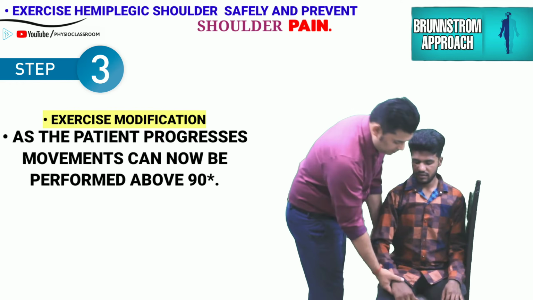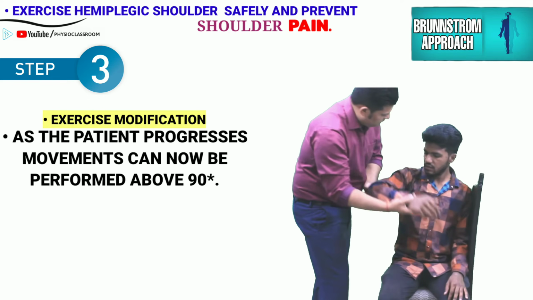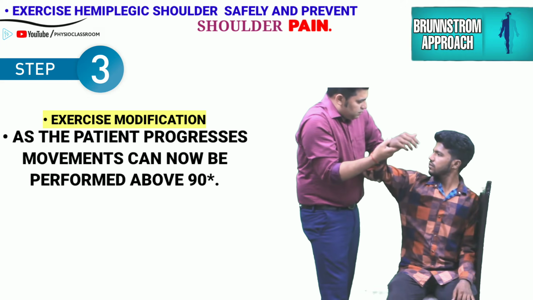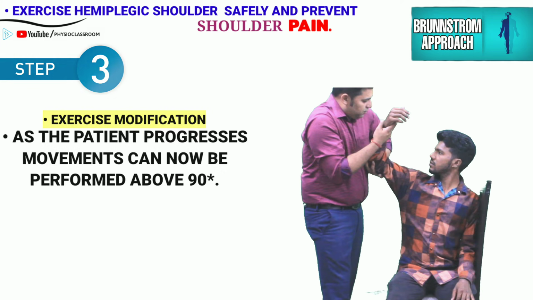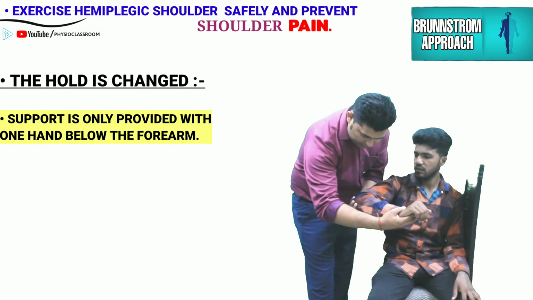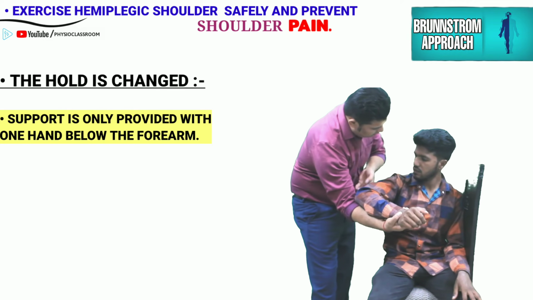As the patient starts recovering and can contribute actively, the exercise is now modified to gain shoulder movements beyond 90 degrees. The therapist now changes the hold and supports the hemiplegic upper limb with only one hand.